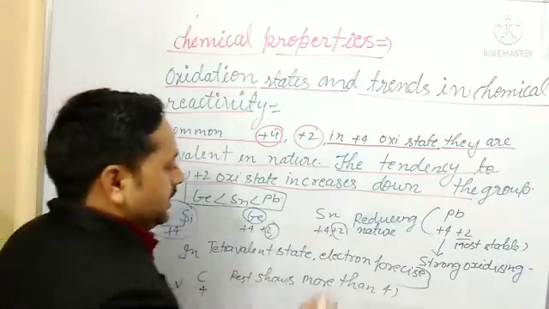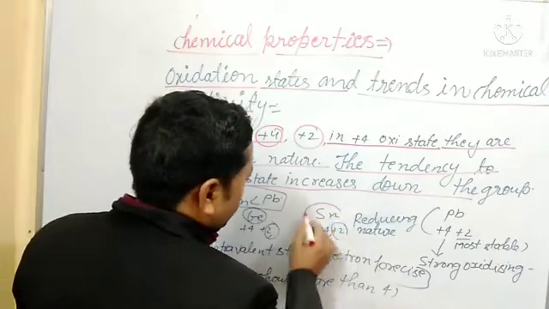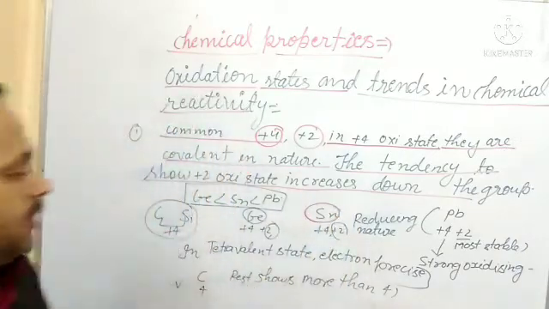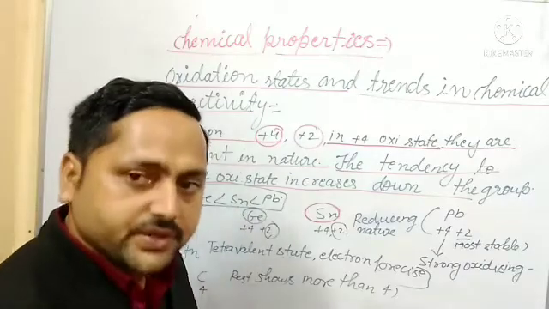If we talk about tin, it forms compounds in +2 as well as in +4 oxidation state.